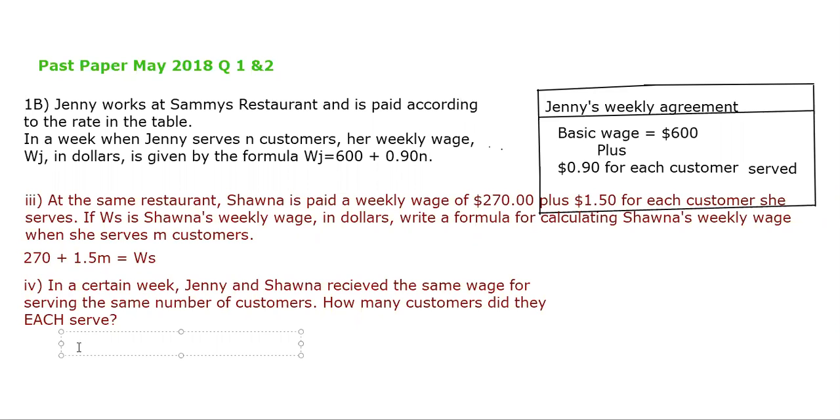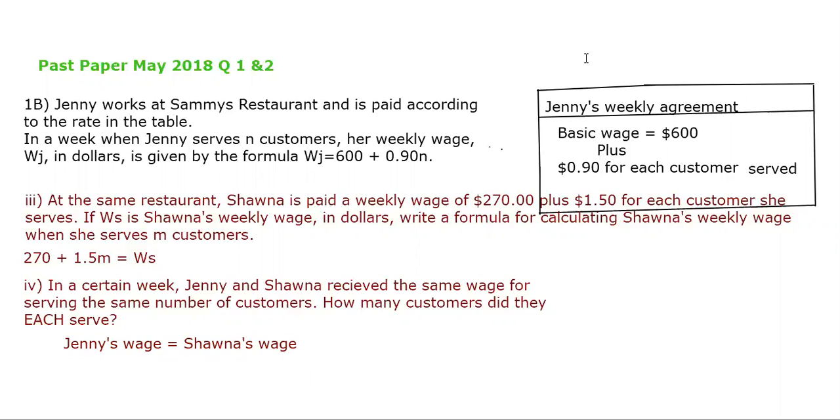So therefore, you're going to put them together. So we're going to put Jenny's wage is equal to Shauna's wage, right? Let me write that statement. So Jenny's wage equal to Shauna's wage.